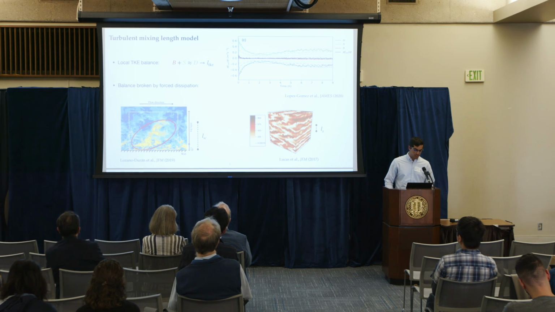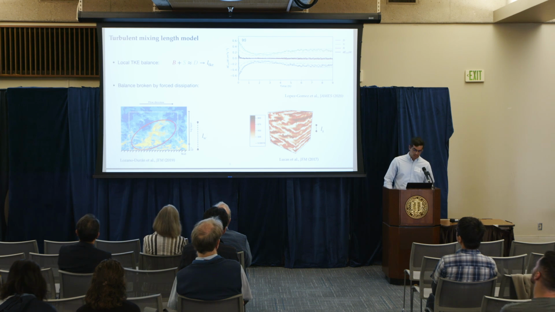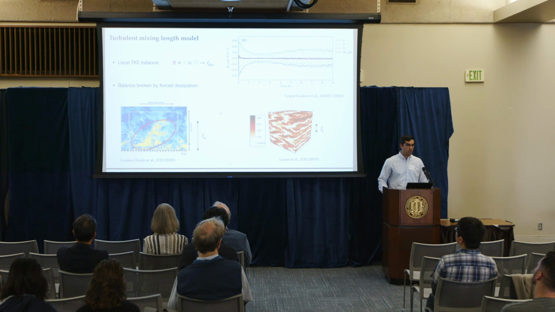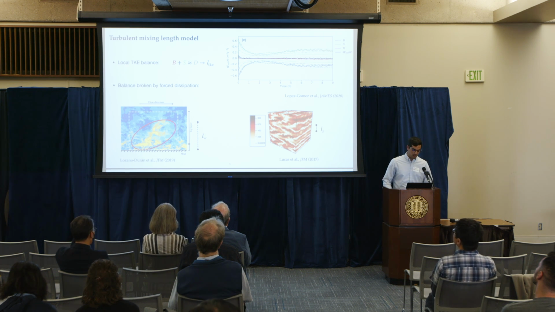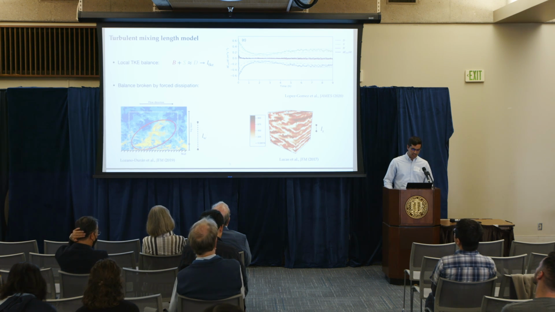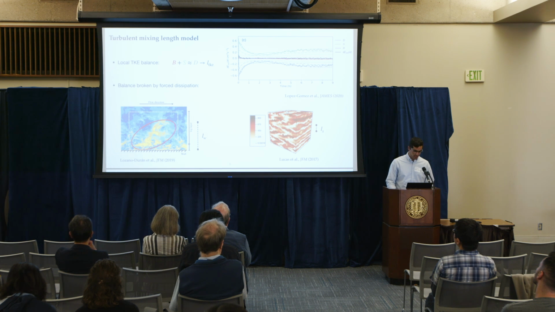And in this case, we consider two sources of such dissipation. The first one is the distance to the wall. So of course, if we're 5 meters above a wall, we cannot mix more than 5 meters, for instance, and this causes extra dissipation. And we're also going to consider the dissipation that is enforced by stable stratification in the flow. And so in the end, we will construct a mixing length model that is a soft minimum of these three parameterizations or these three diagnostics.